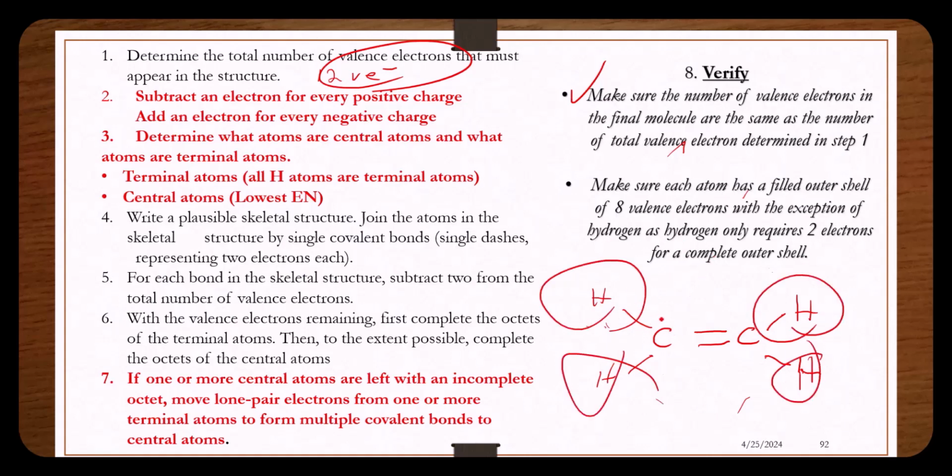And each carbon has 8 valence electrons from each bond. This carbon has 2, 4, 6, 8, and this carbon has 2, 4, 6, 8. So each carbon has met the requirements of 8 valence electrons. So the second part is met, and finally you can say the requirements for a proper Lewis structure have been met.